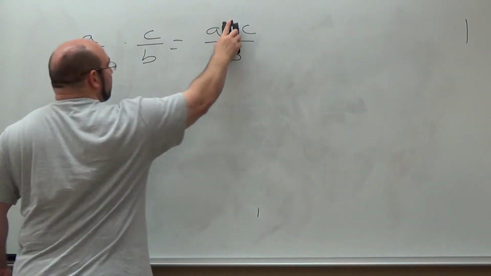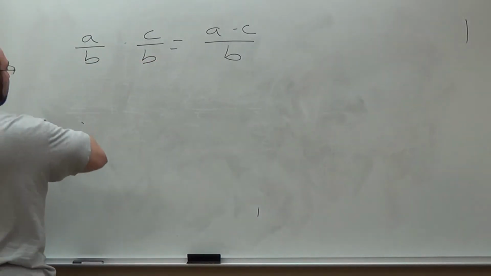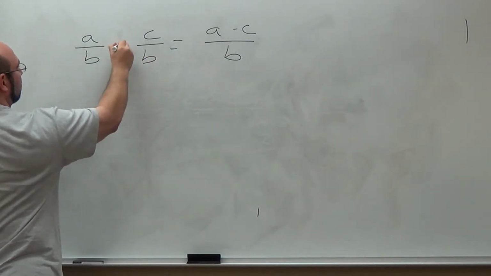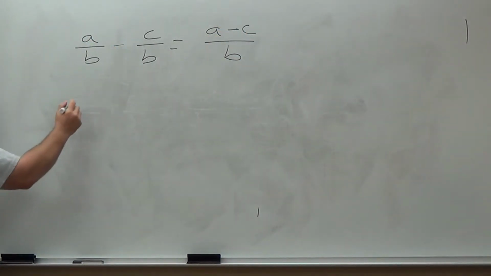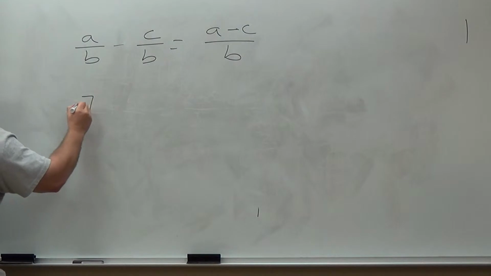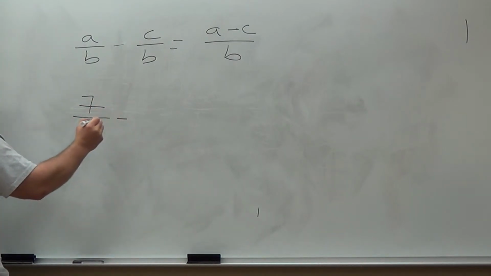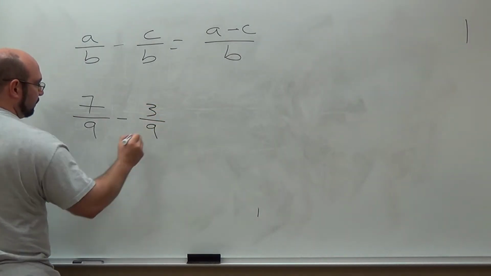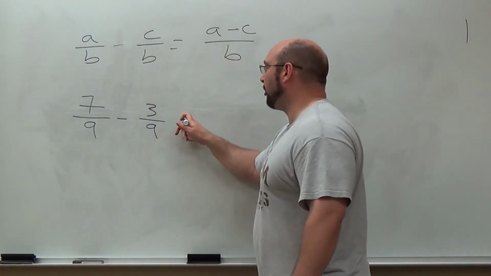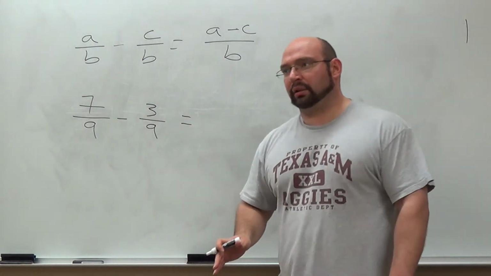So let's look at our subtraction. All right. So 7/9 minus 3 ninths. And right away we're thinking, oh my goodness, let's talk about reduction.